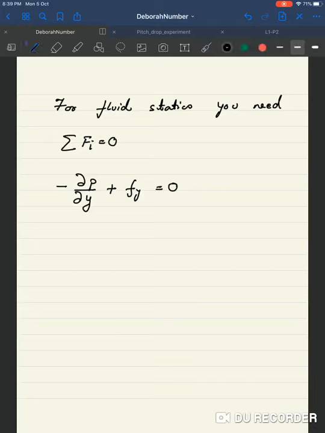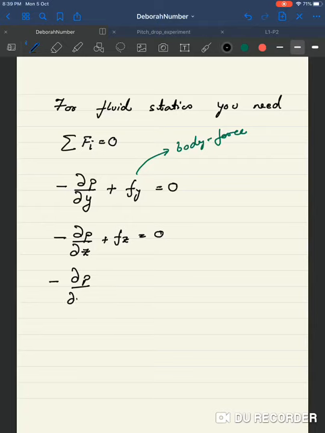This, by the way, is the volumetric body force too. Similarly, if you do your summation in the other directions, you will just get these other equations for x and z.